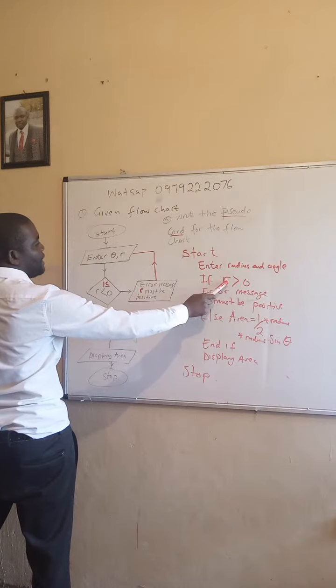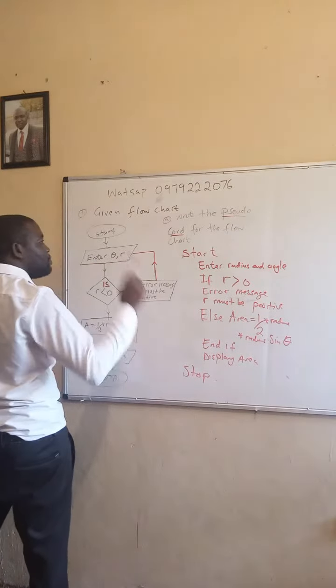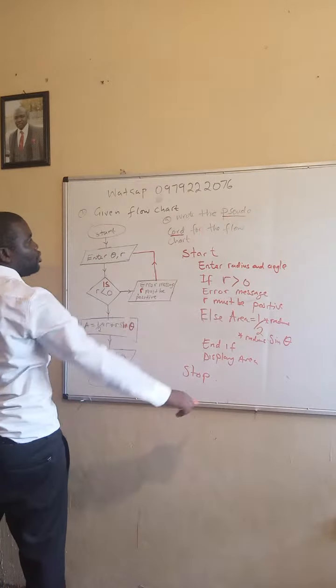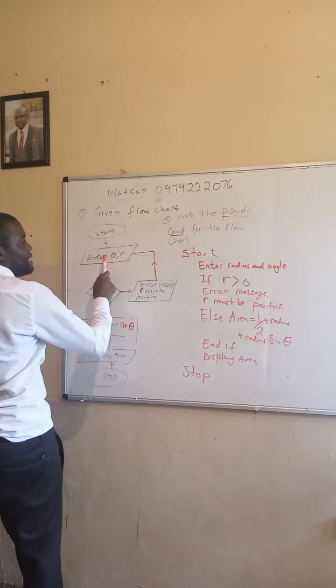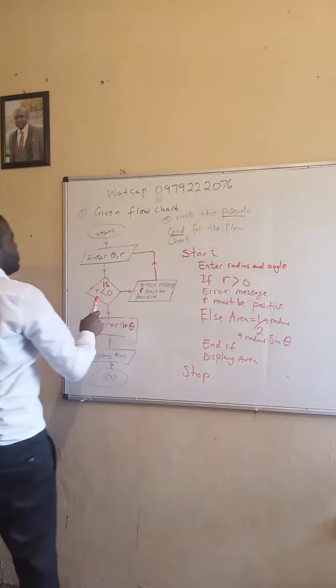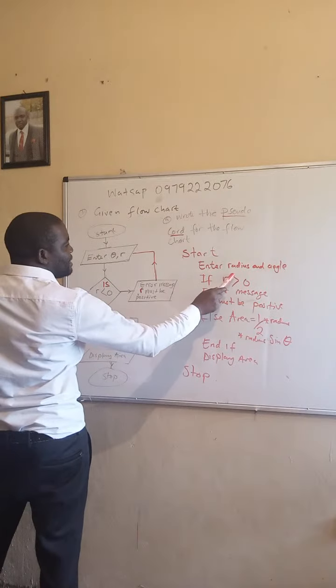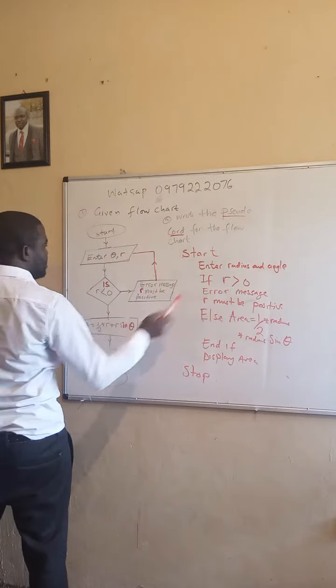It's up to you. But try to use more words this side. When you're writing a pseudocode, use words. Enter radius, and theta means angle, and angle. Here r means radius, so if you want, you can say radius greater than 0. Display error message, which is this one.